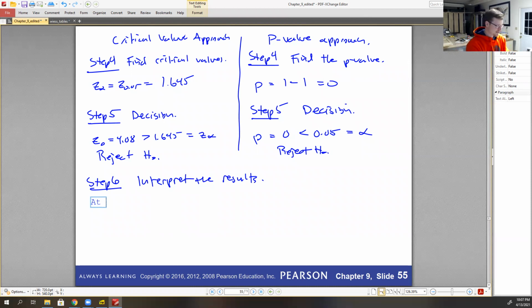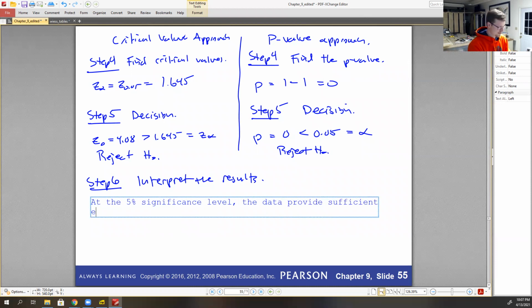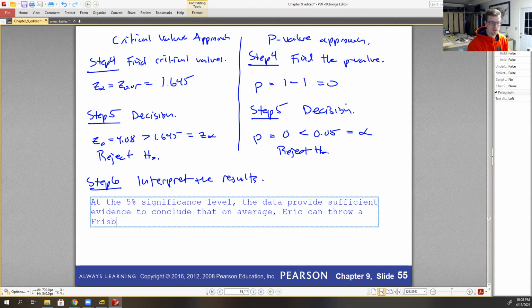Okay, so at the 5% significance level, the data provide sufficient evidence to conclude that on average, Eric can throw a frisbee more than 32 yards.